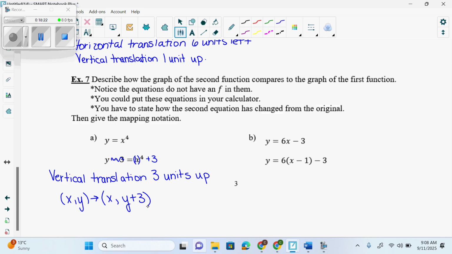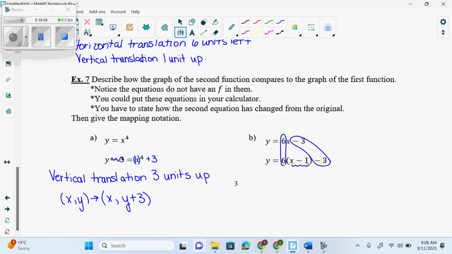Okay. When I look at b, a lot of people first try and distribute it. Don't do that. For b, we want to talk about how it changed. Okay? So the original is y equals 6x minus 3. It's a linear graph. Now it's y equals 6, x minus 1 minus 3. So what is the same? The 6 is the same, so has that changed? The minus 3 is the same, so has that changed? The only thing that changed is the x minus 1. Right? So we're going from equation to words and mapping, correct?